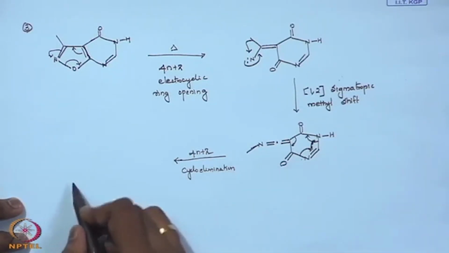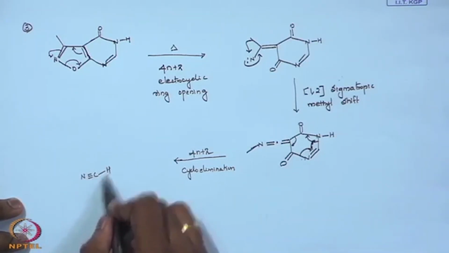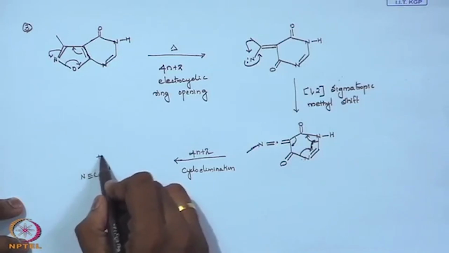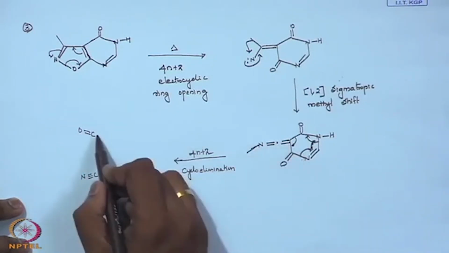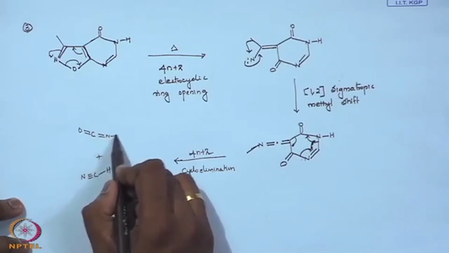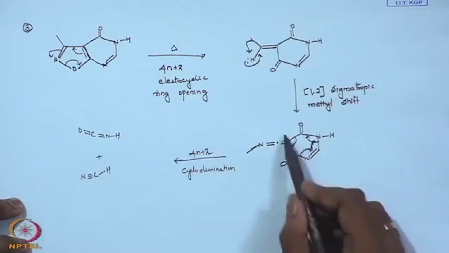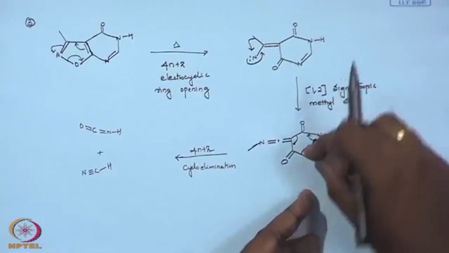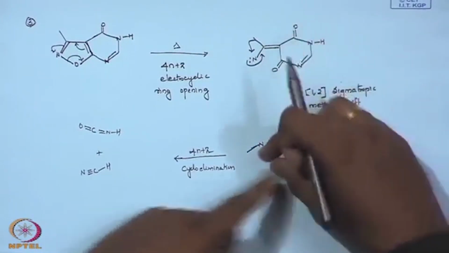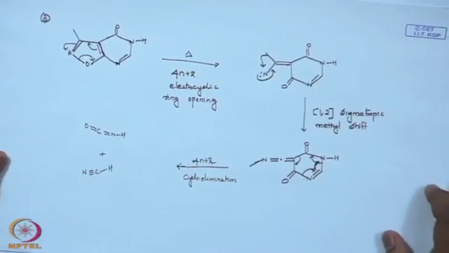So the ring opens to give you HCN, plus O double bond C, plus double bond NH, and you get the other side of the product. So you get 3 products out of it. It's just a cyclo-elimination, just opening up of this ring, formamide and then the other part of the unit. So you get the 3 products of this.